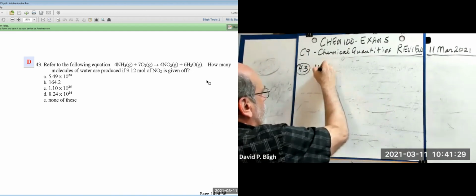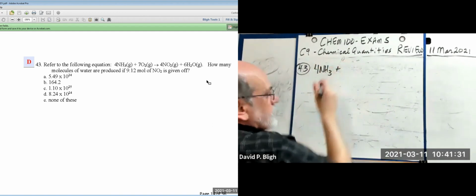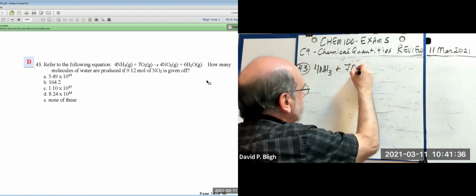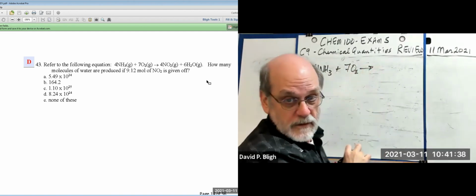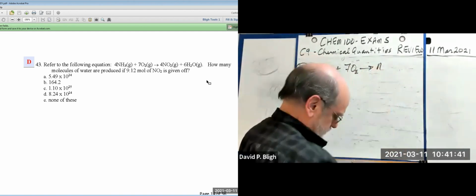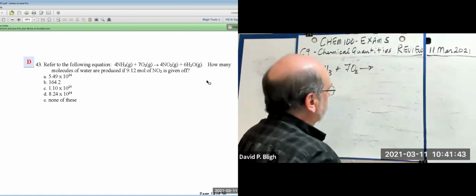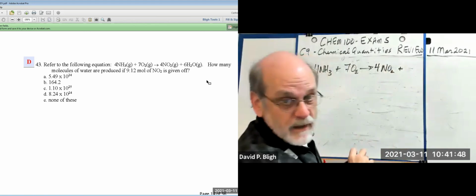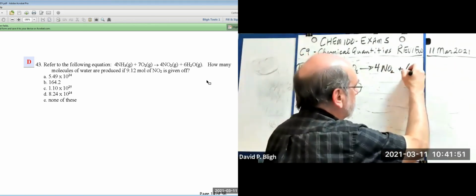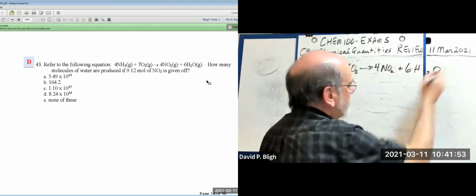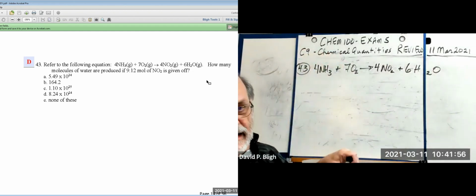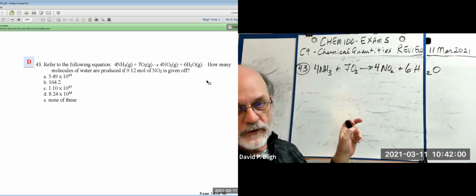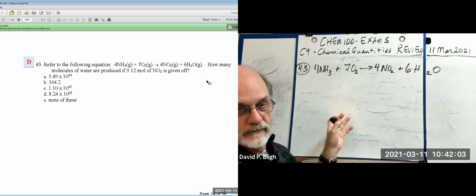So 4 ammonias plus 7 oxygens yields 4 nitrogen dioxide and 6 water. Okay. How many molecules of water are produced if 9.12 moles of NO2 is given off?